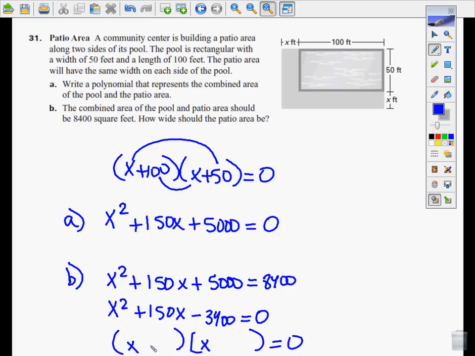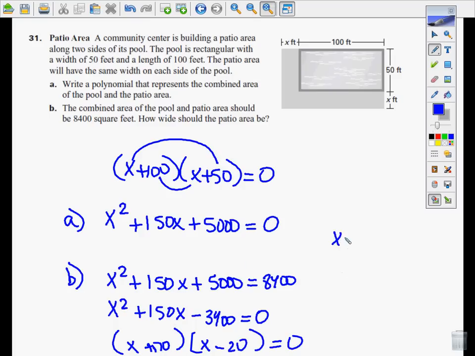So I can use 170 and 20. I need a positive 170 and a negative 20. And if I check that, positive 170 and negative 20 gives me a positive 150. 170 times negative 20 is negative 3,400.